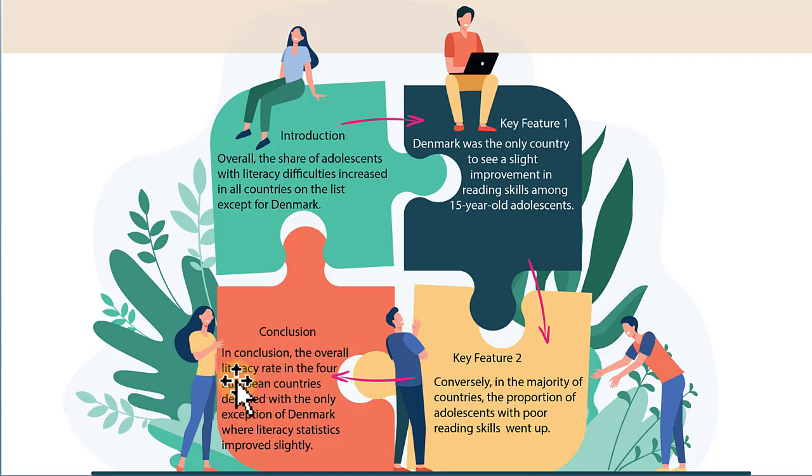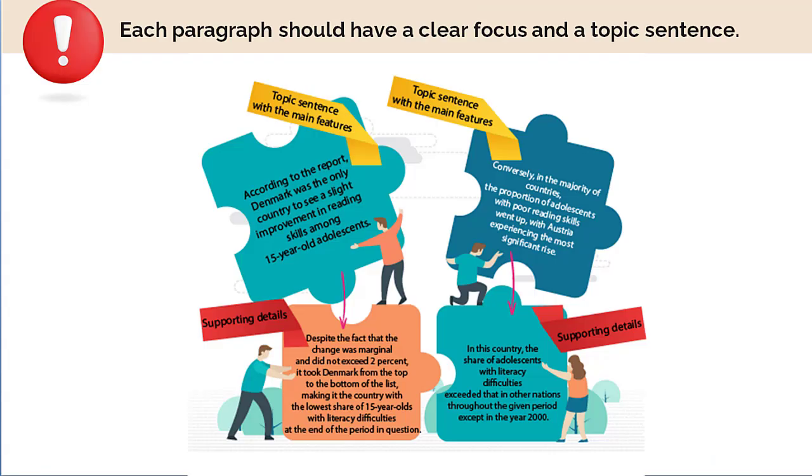So in conclusion, the overall literacy rate in the 4 European countries declined, with the only exception of Denmark, where literacy statistics improved slightly.